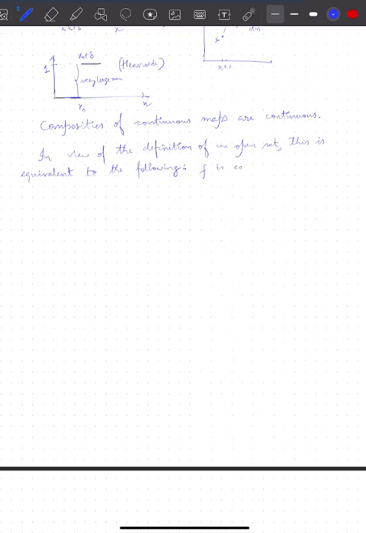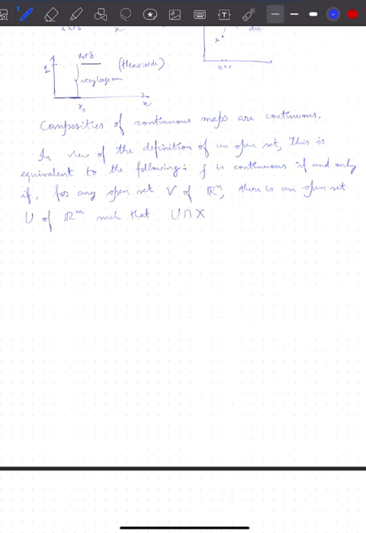Say F is continuous if and only if for any open set V of Rn, there is an open set U of Rm such that U, the intersection with X, is equal to X is an element of X, and then F of X is an element of V. Right?